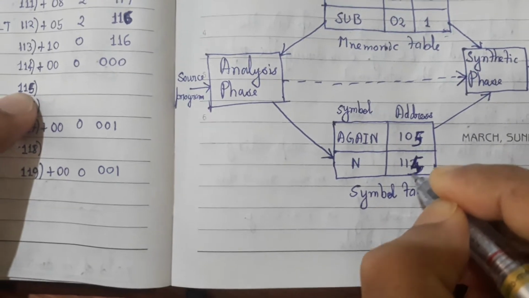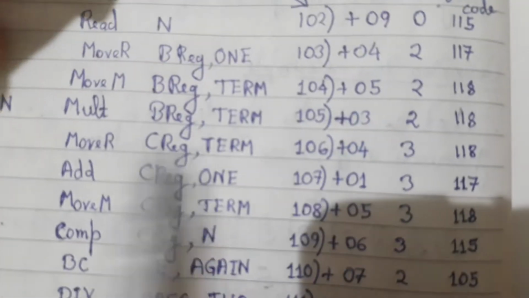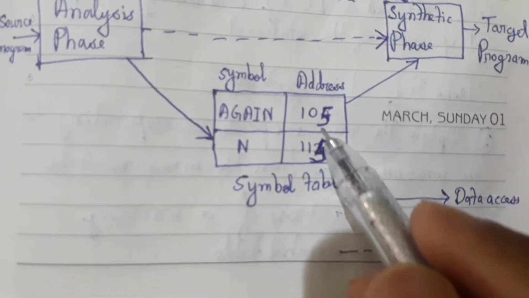It will be 115. The address of again is 105. Now it's clear. The LC actually contains the address of the instruction, so the address of the instruction is put here.